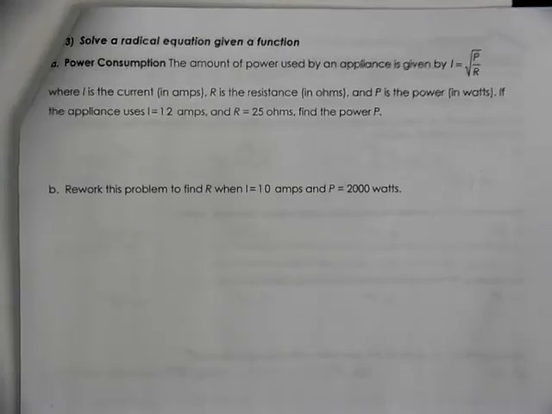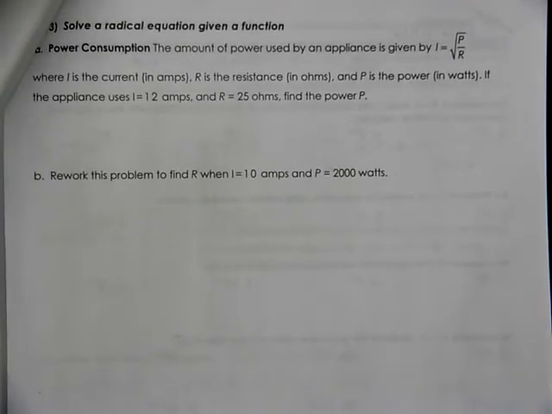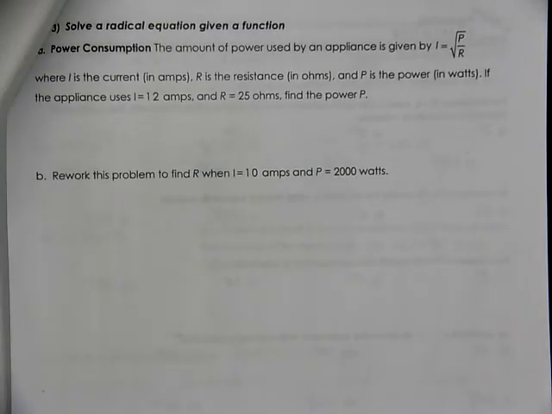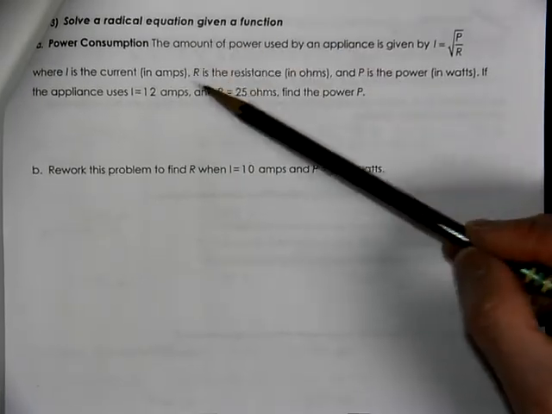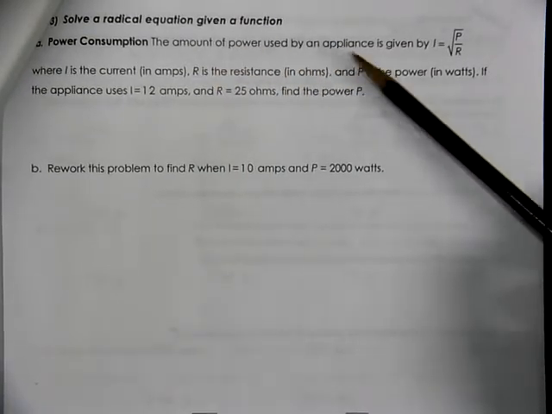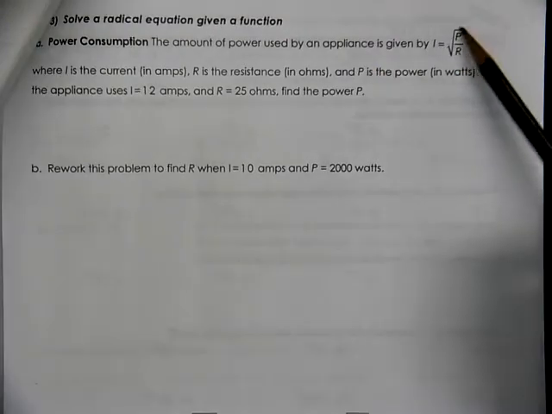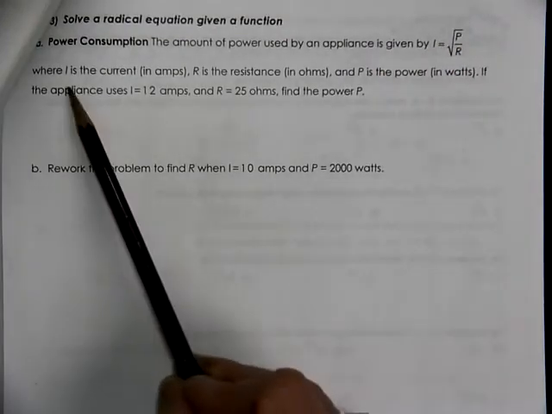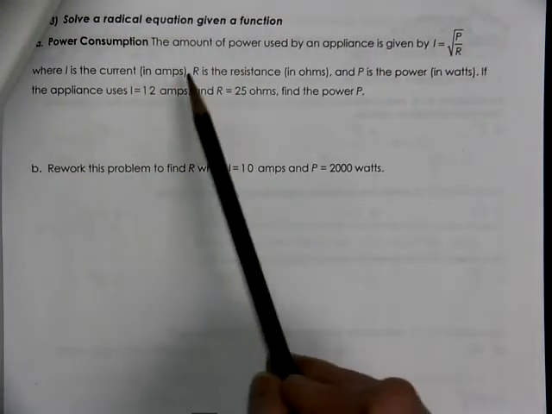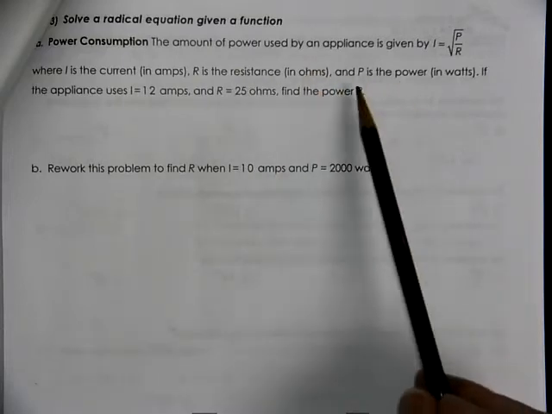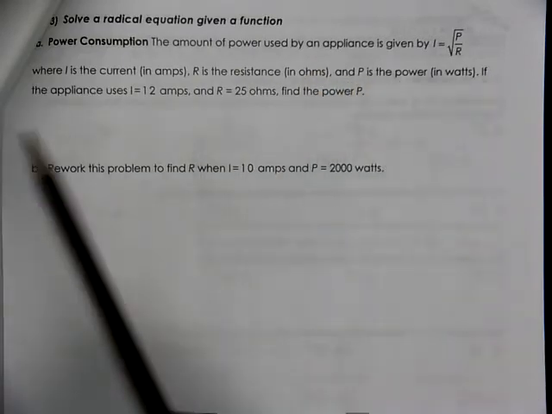All right, on the flip side, we have some power consumption. The amount of power used by an appliance is given by this crazy formula, where I is the current in amps, and R is the resistance in ohms, and P is the power in watts.